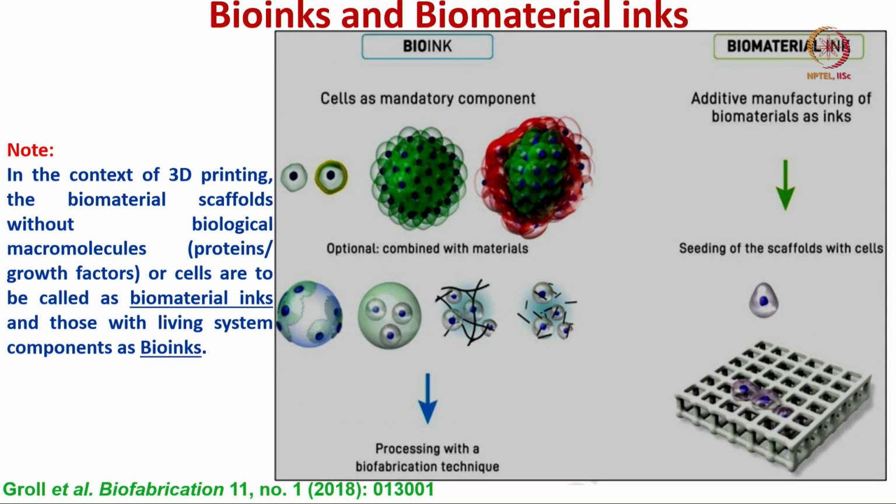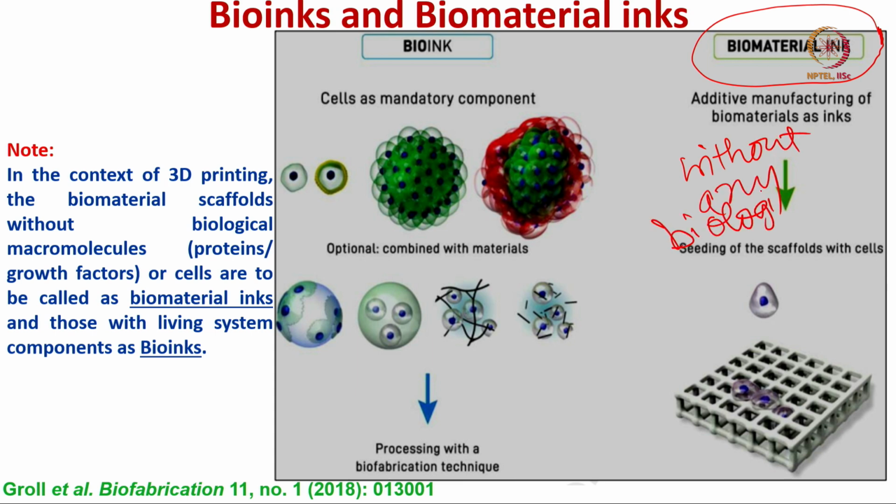So, there are two things that I would like to highlight here, which I will be using in an interchangeable manner when I will be showing you the scientific case study on bioinks and biomaterial inks. In the context of 3D printing, biomaterial ink essentially means it is a viscoelastic gel which is composed of hydrogels without cells or without any biological components.